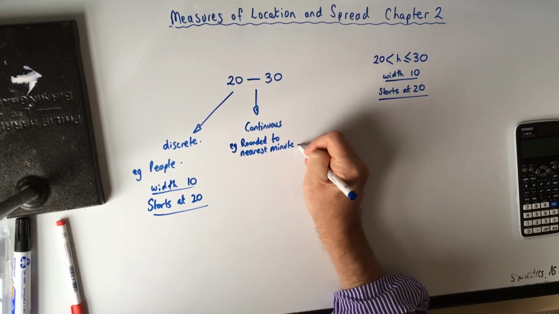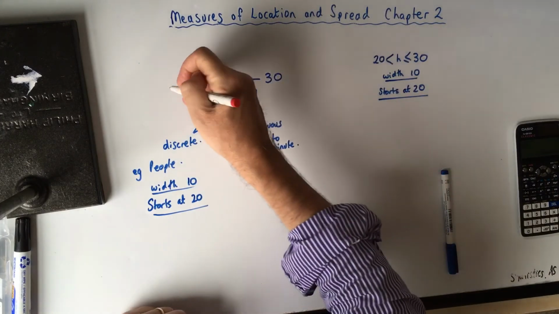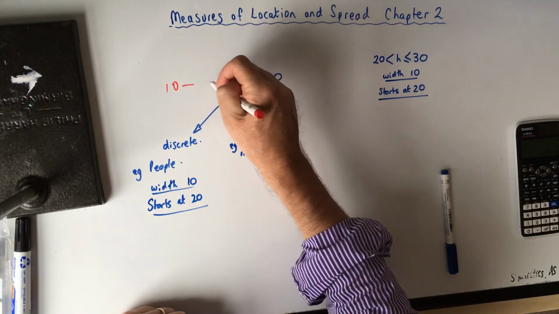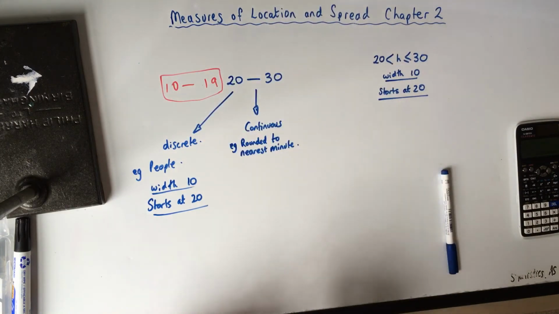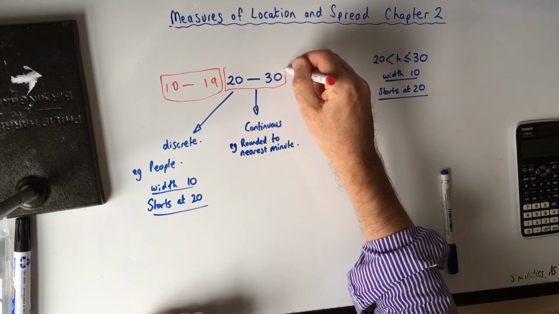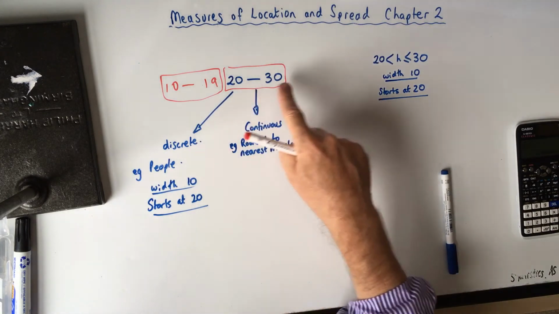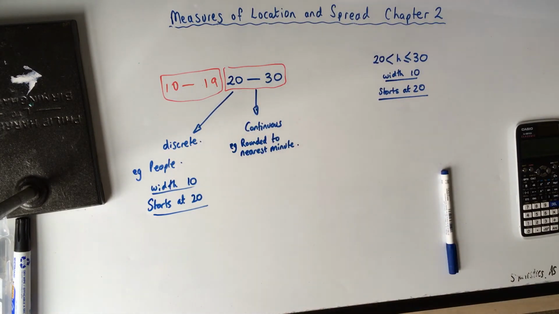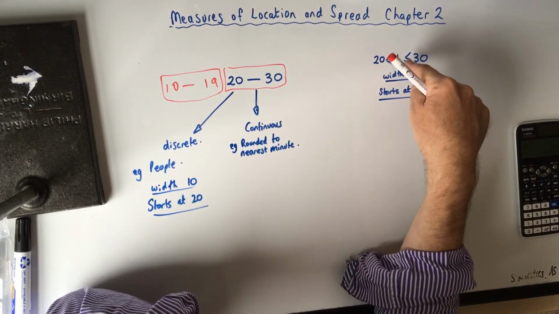So they had a group like 10 to 19, rounded to the nearest minute, and then the next group is 20 to 30, say. And it would probably be 20 to 29 in that case, wouldn't it?